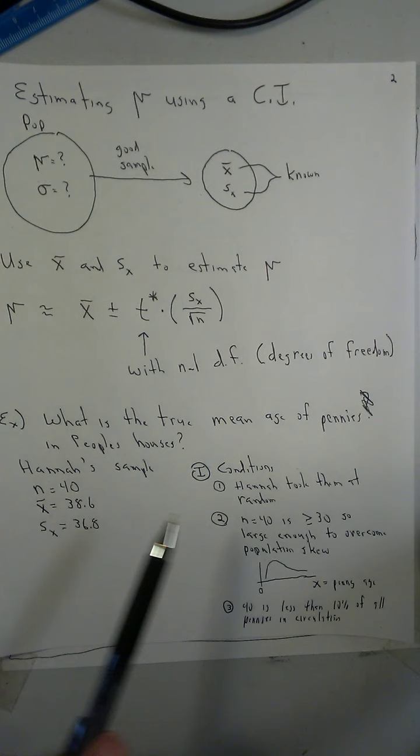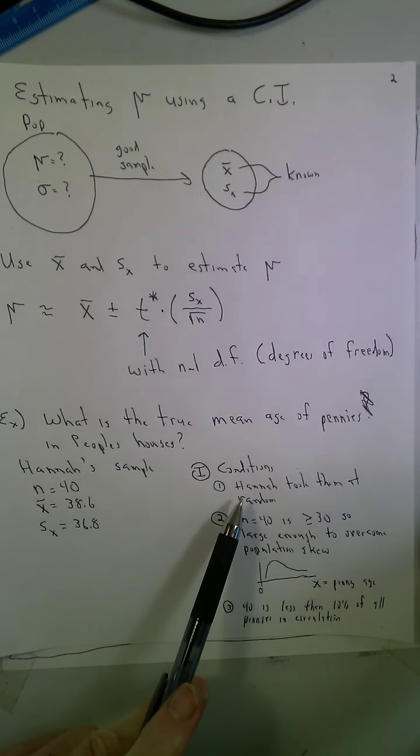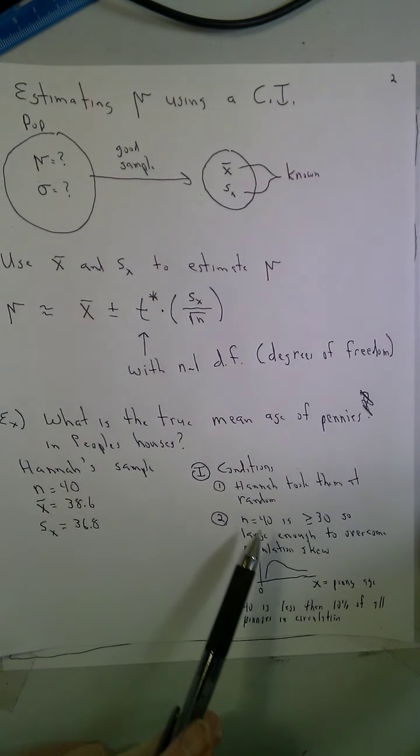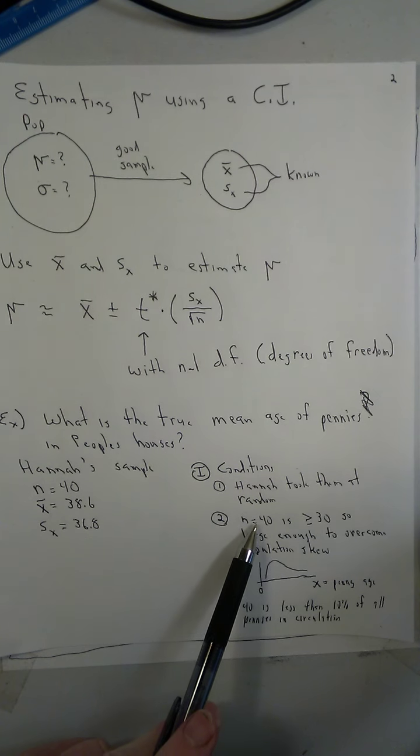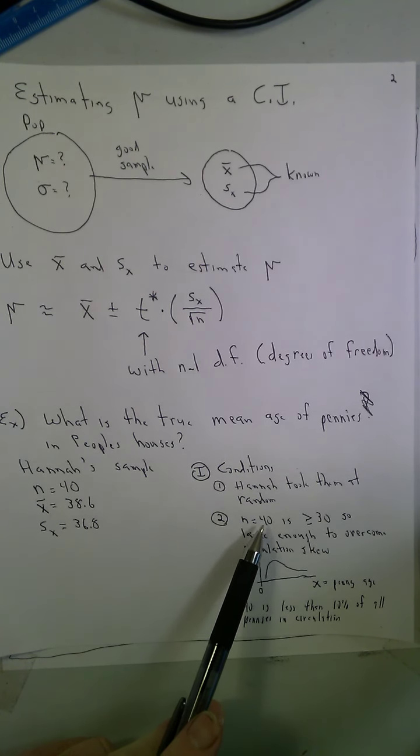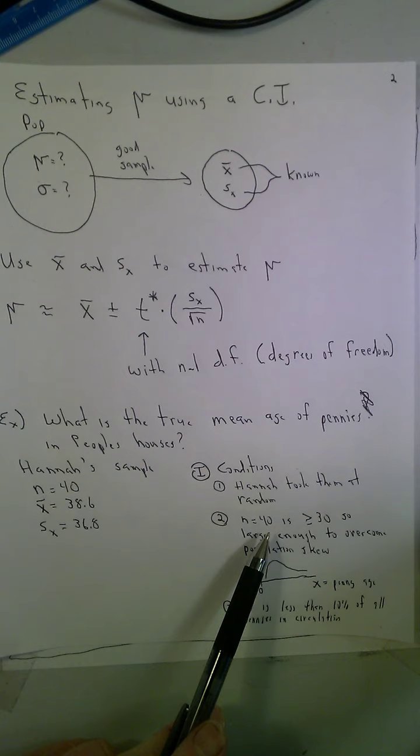Okay, so we assume that Hannah's are random. Now, our sample size needs to overcome population skew. We know that the age of pennies is skewed to the right. Most pennies are pretty new, and as you get older and older, there are less and less pennies.